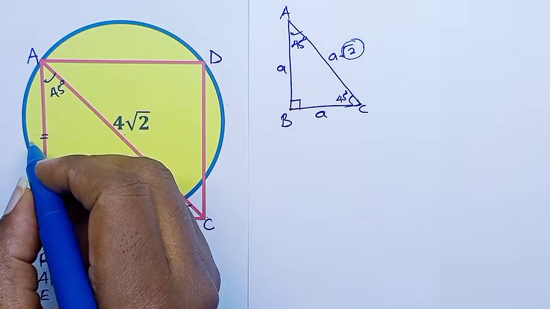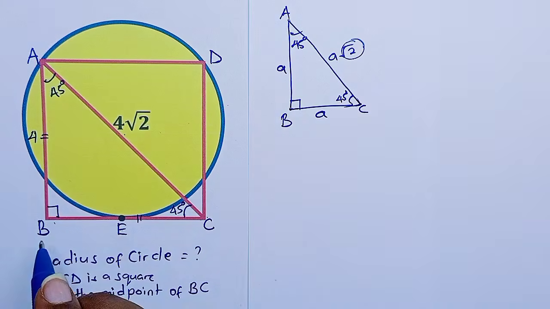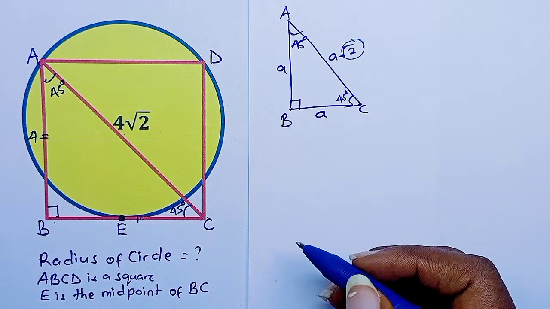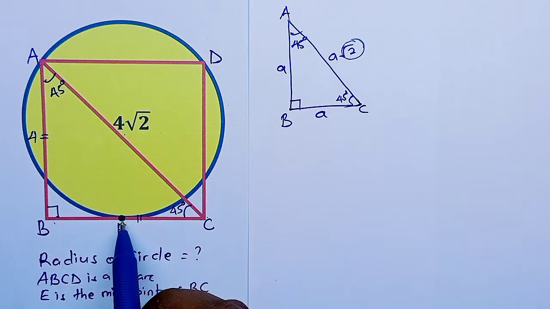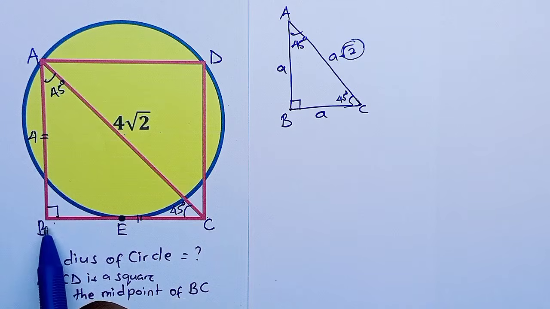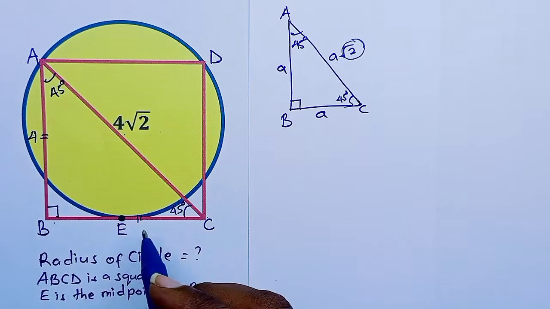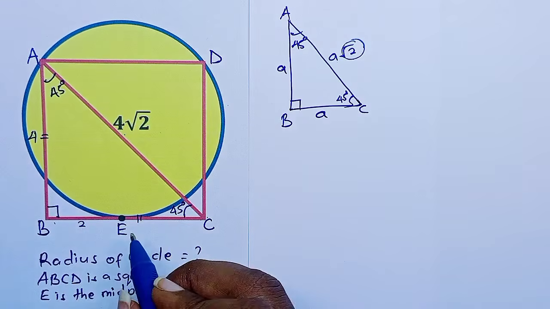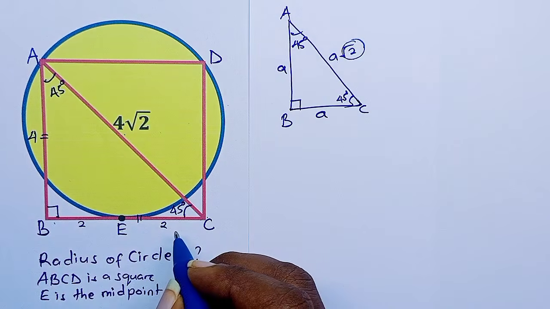So AB is 4, and also BC is 4. Now, if BC is 4, remember we said point E is the midpoint of BC. That implies that it divides BC into 2 equal parts. So if BC is 4, that implies that BE is 2. Also, EC is 2.